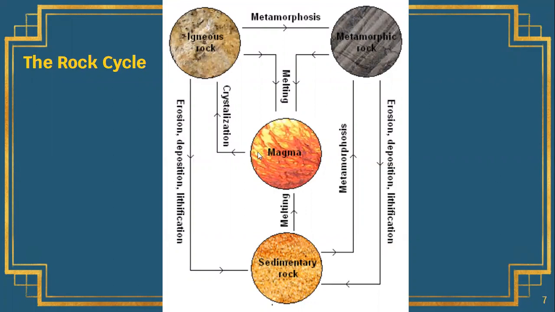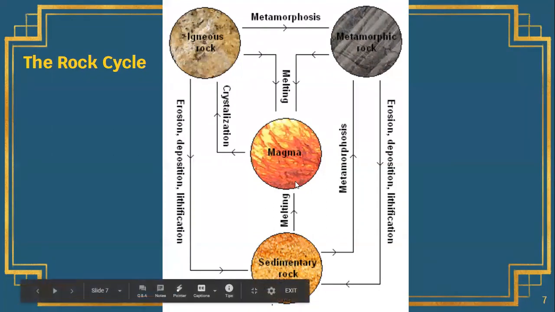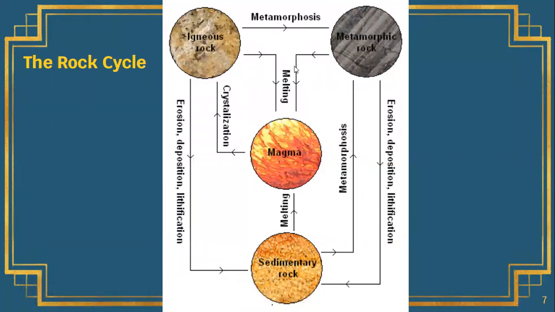If we start with magma, of course, all rocks, whether they're sedimentary rocks, igneous rocks, or metamorphic rocks, can melt and turn into magma. And when magma cools, it begins to crystallize. Notice the only route out of the magma pool here is to an igneous rock. If a rock forms from the cooling and crystallization of magma, it is an igneous rock.